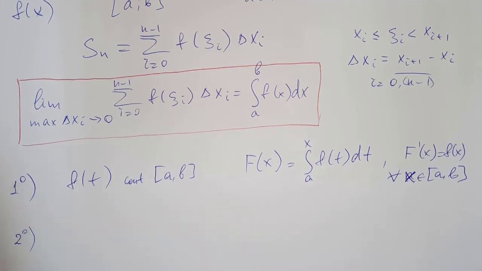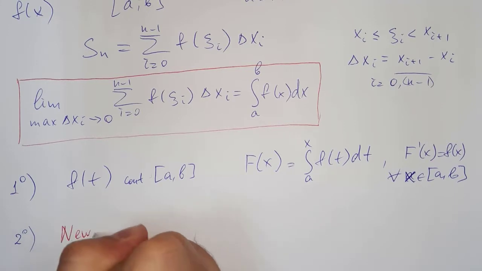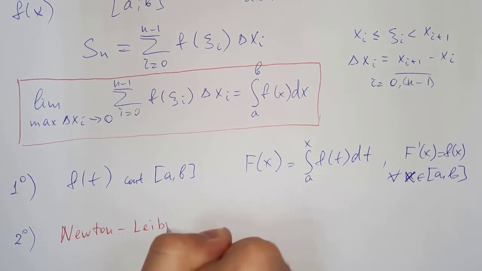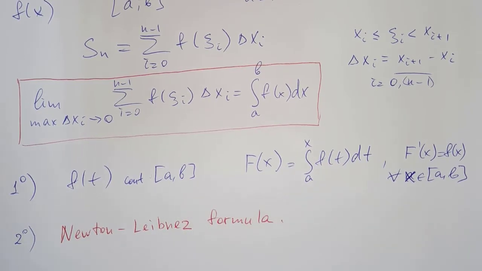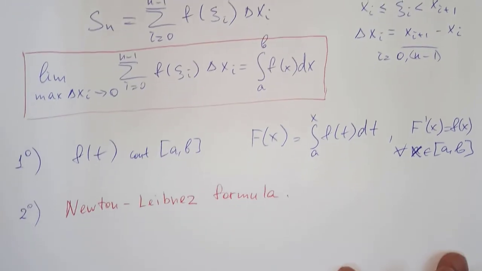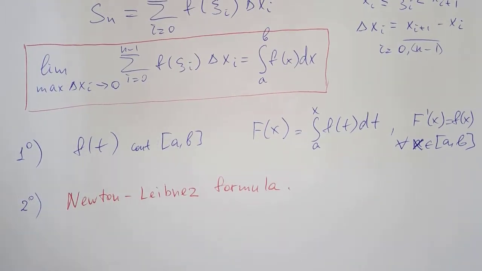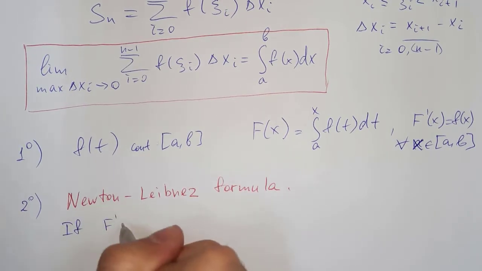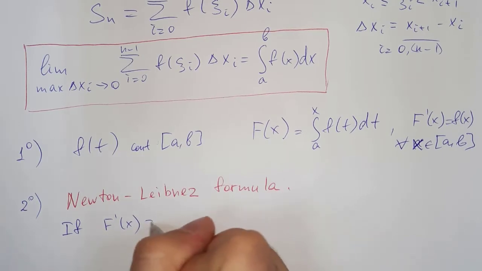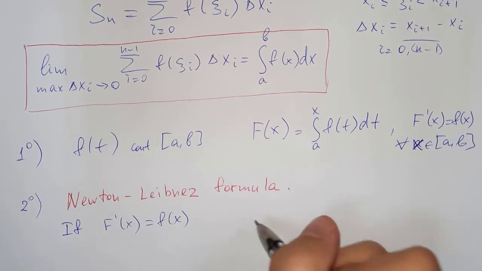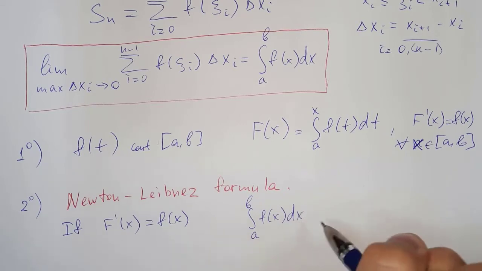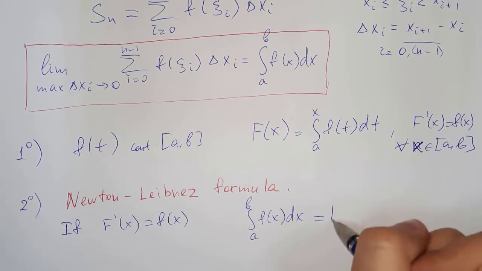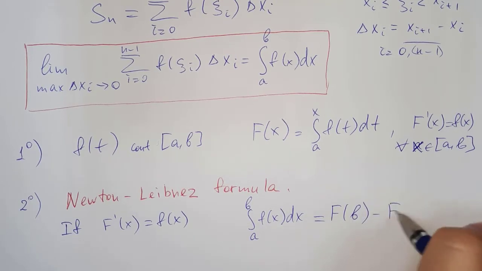Let me write it. If F is a primitive of f of x, meaning the derivative of the primitive is equal to f of x, then the definite integral from a to b of f of x dx equals F of b minus F of a.